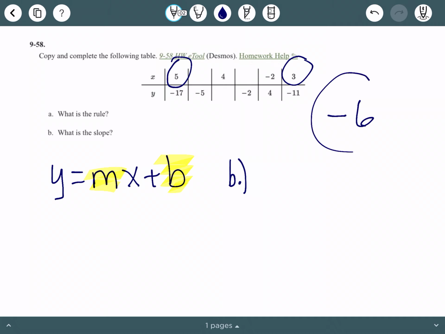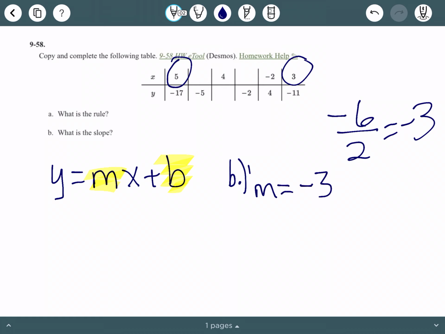So we're just going to take this growth and divide it by 2. If we take negative 6 and divide by 2, and you can do that in your calculator or in your head, but do it in your calculator just to be sure, then you should get negative 3. So again, we divide by 2, and that gives us a growth of negative 3. We use m to represent the slope, so m equals negative 3 for part B.